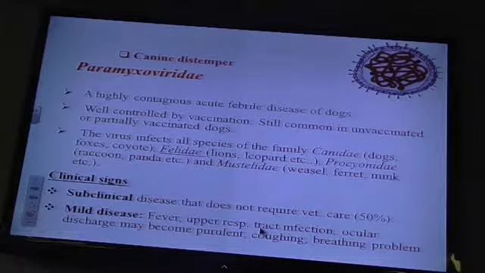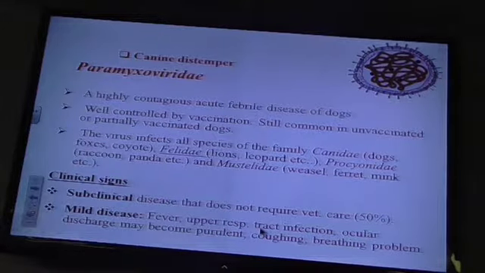So all of these are affected, hence contact with wild animals has to be put into consideration. Most of the disease, not the symptoms, is subclinical, exhibiting very little symptoms in 50% of cases.